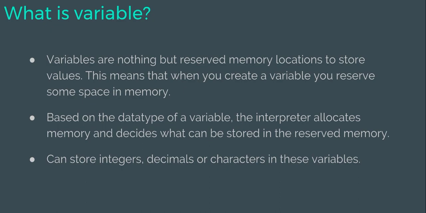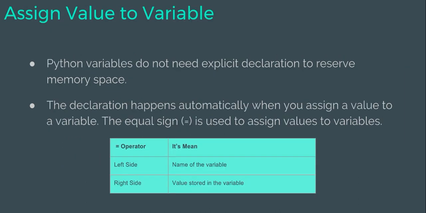Now let's discuss how to assign a value to a variable. Python variables do not need explicit declaration to reserve memory space. The declaration happens automatically when you assign a value to a variable.